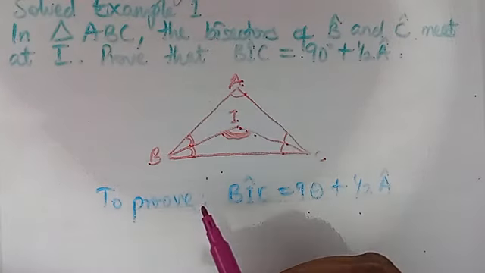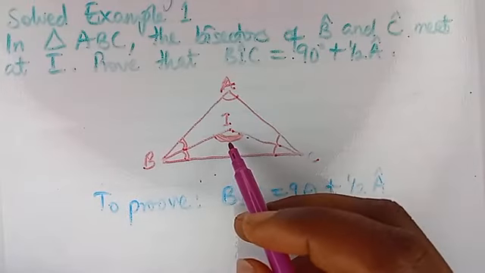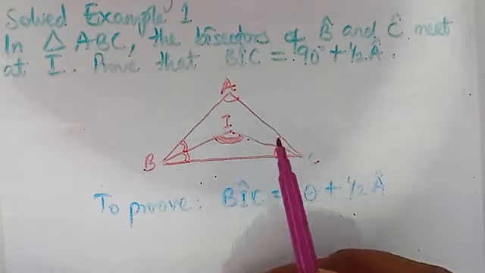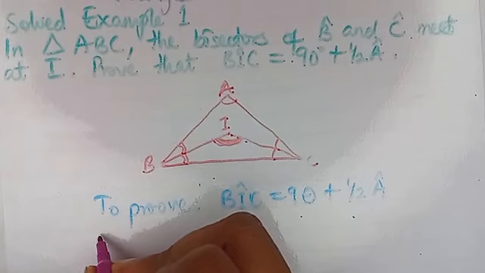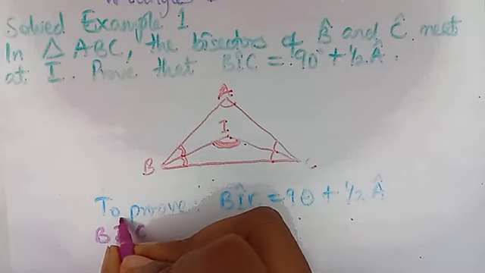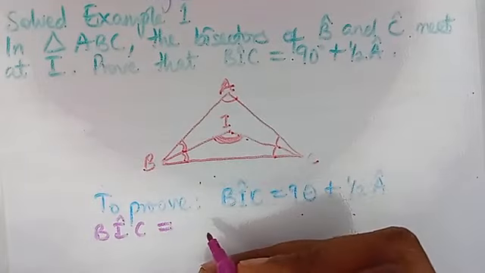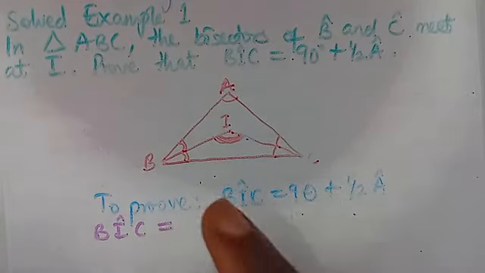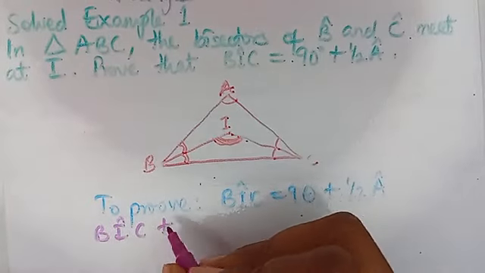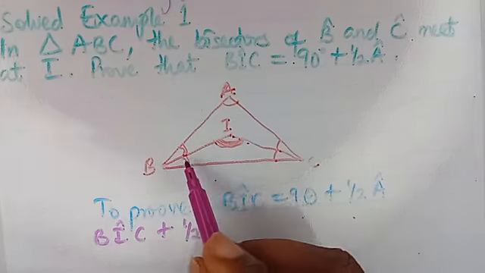Okay, we are going to start by saying that angle BIC, so we are looking into this smaller triangle inside here, that is triangle BIC. We'll say that angle BIC, the vertex at I, plus half angle B. Why is it half angle B?